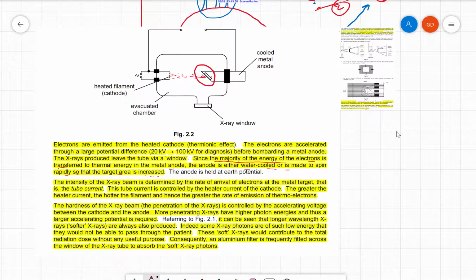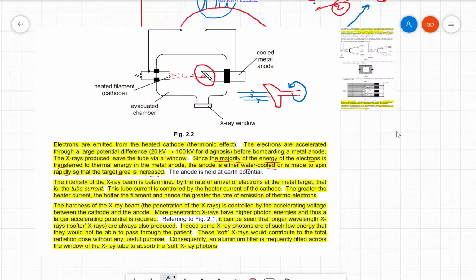What do we mean by made to spin? If we represent the anode like this, the target is connected to some kind of motor, and the motor will continuously turn the tungsten target so that the area that is subjected to electrons will be larger.